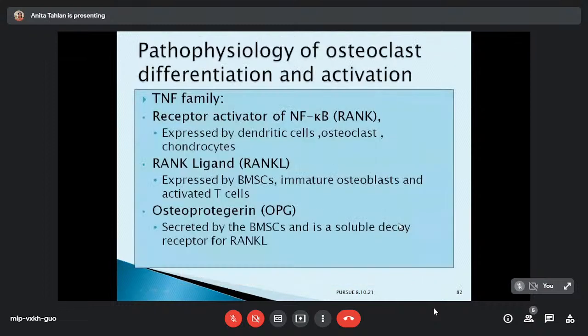And the characteristic immune suppression and lytic bone lesions are probably caused by the TNF family, which are the RANK ligand and osteoprotegerin. So this is the RANK ligand, osteoprotegerin signaling that I had initially talked about. Now, this balance between bone formation and osteoclastic bone resorption is disturbed in favor of net bone resorption through increased osteoclastic activity and decreased osteoblastic activity.